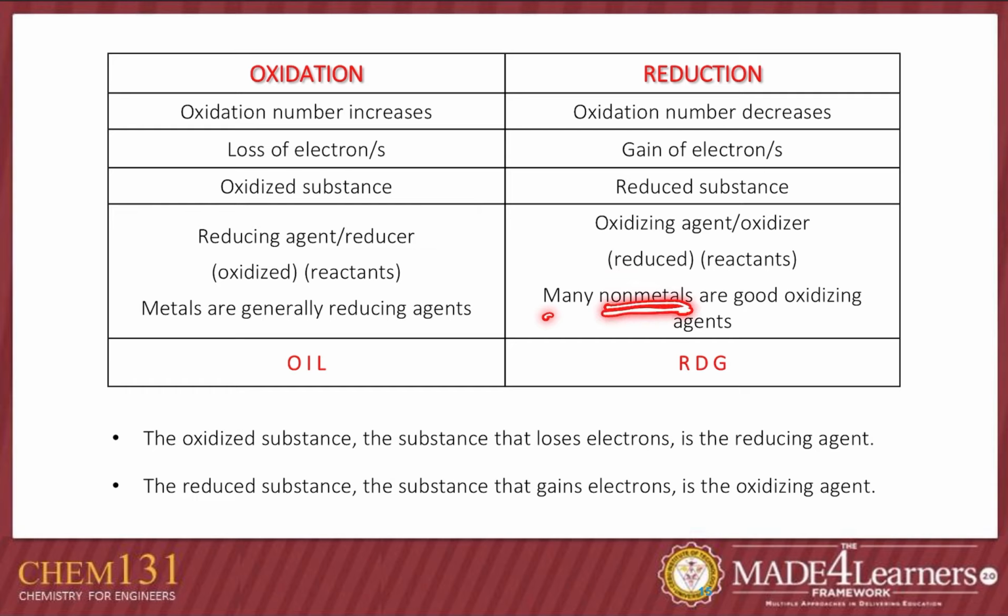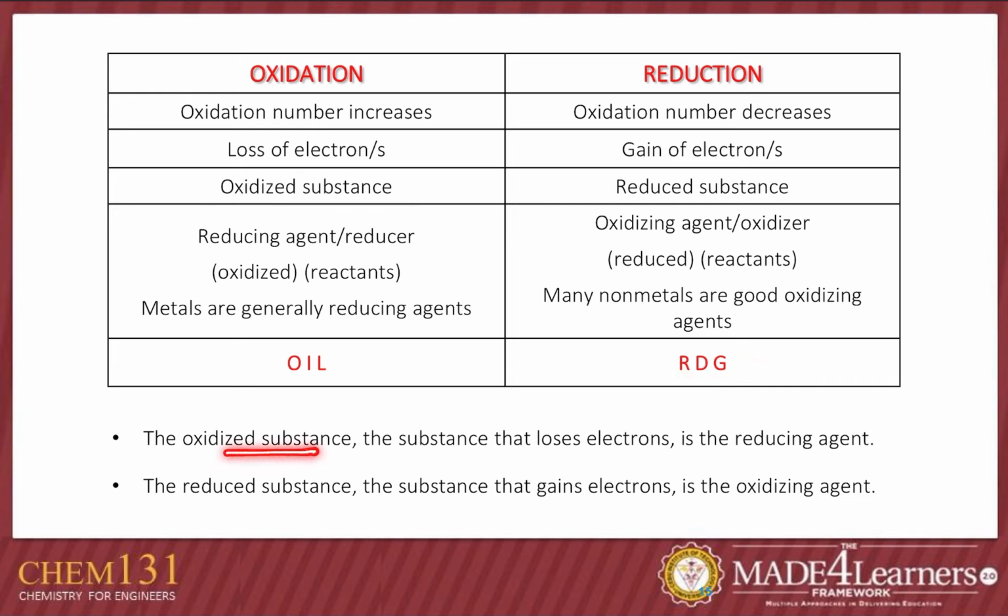When a substance undergoes reduction, it becomes more negatively charged ang iyahang oxidation number. So R, reduction, D, decrease in the oxidation number, and G stands for gain of electrons.